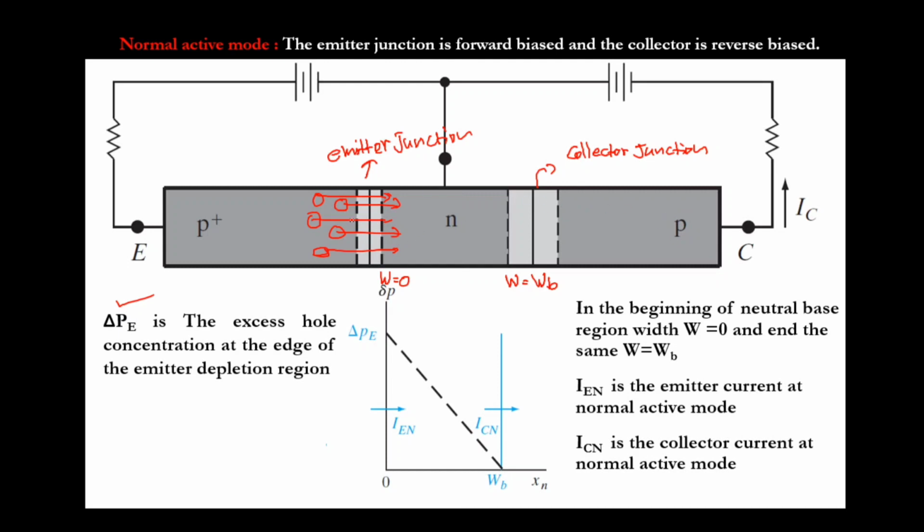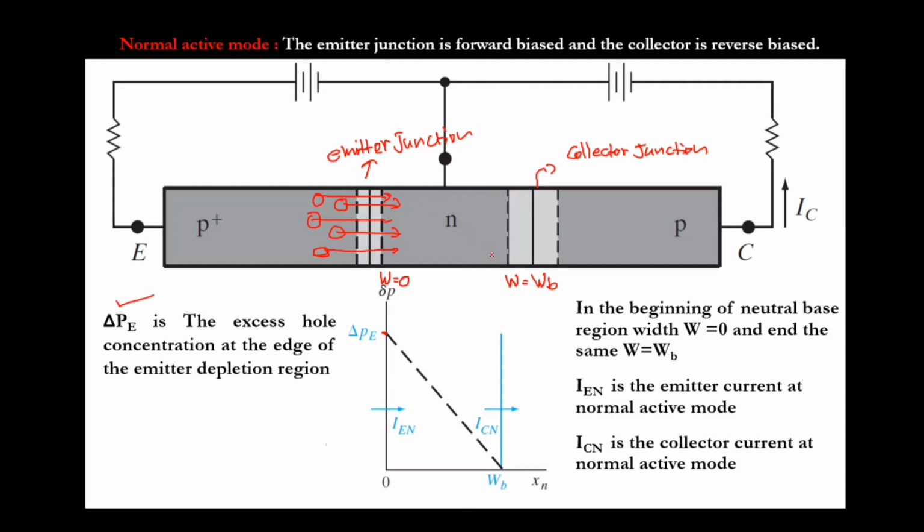If I consider delta PE as the concentration of holes at this point, the concentration will be high. Delta PE is nothing but the change in holes, the small excess amount of holes, which is actually more here. As we move in this direction, the concentration will reduce.